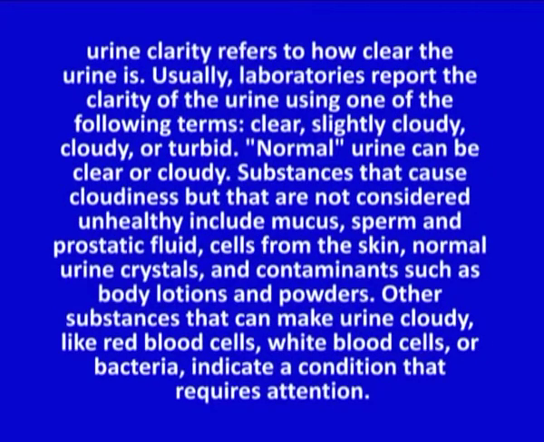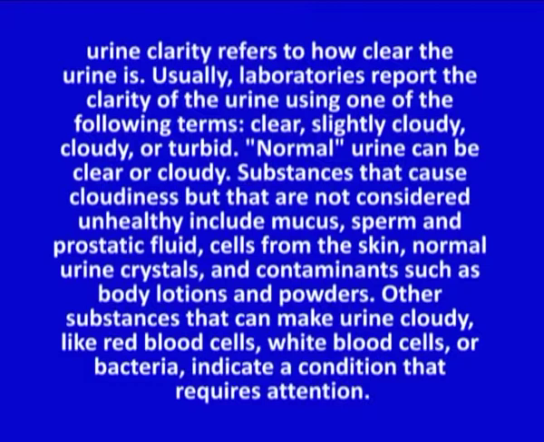Now, clarity. Urine clarity refers to how clear the urine is. Usually, laboratories report the clarity of urine using one of the following terms: clear, slightly cloudy, cloudy, or turbid. Normal urine can be clear or cloudy.